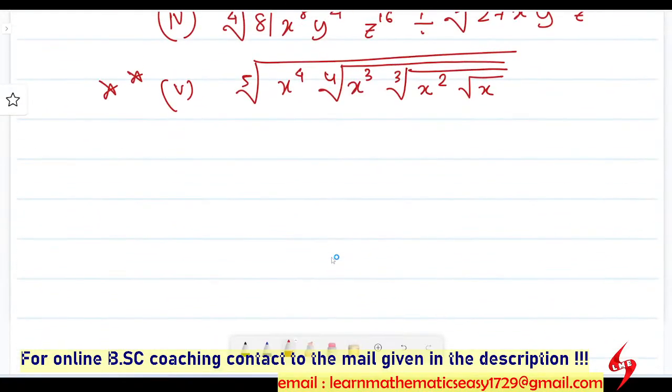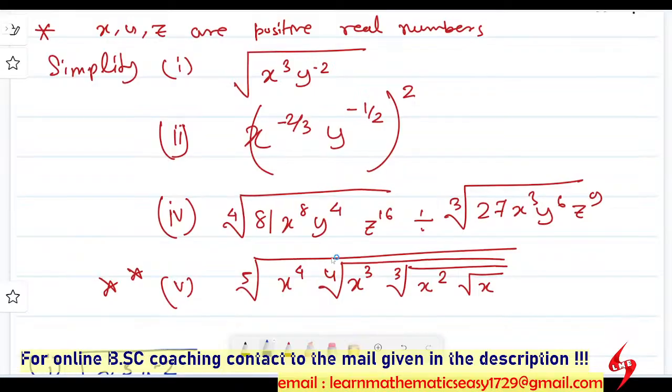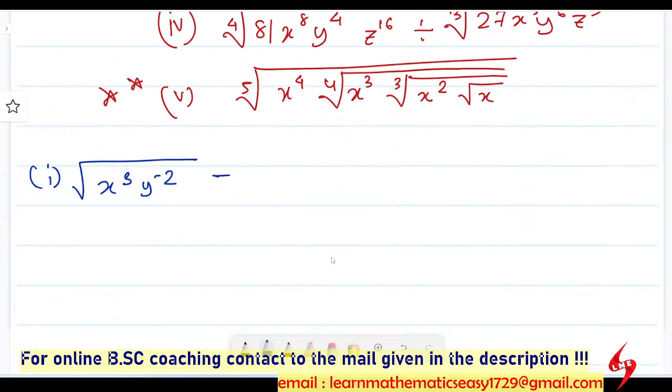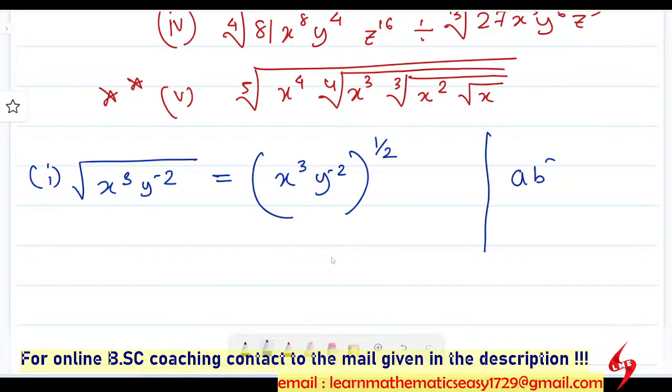So here are some answers. First one is this. Square root means the power will be half. Again, we all know that (ab) to the power m means a to the power m, b to the power m.